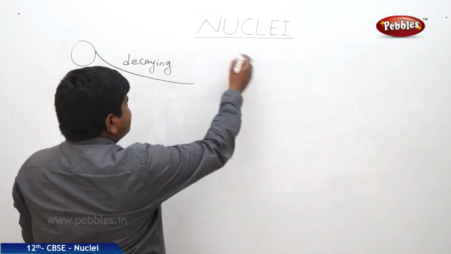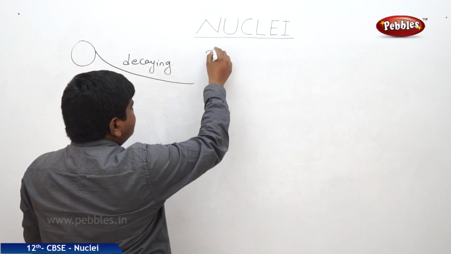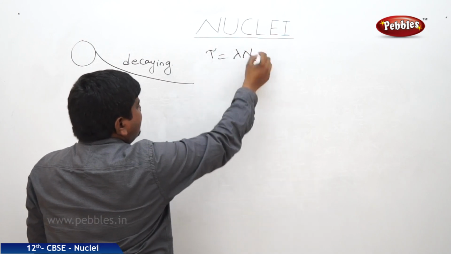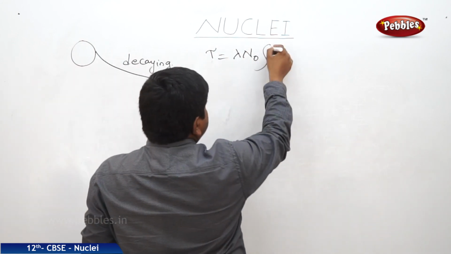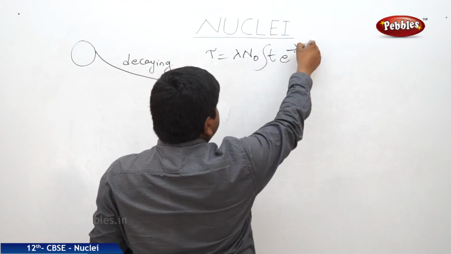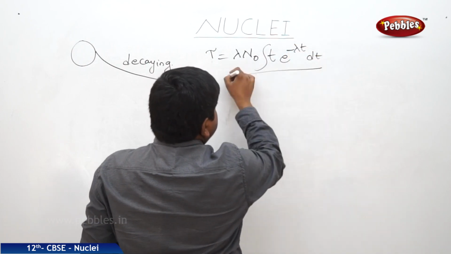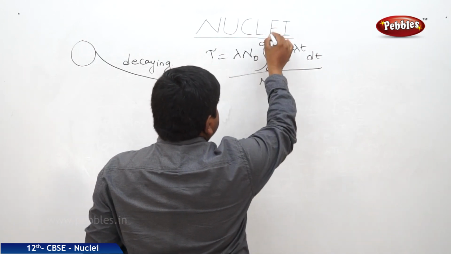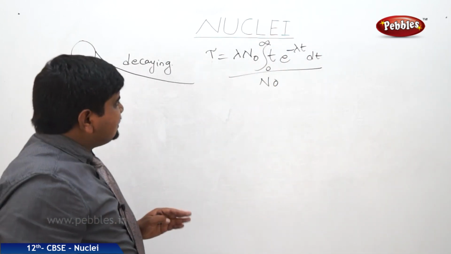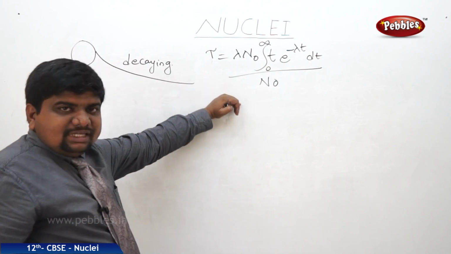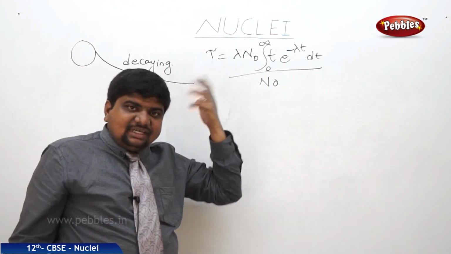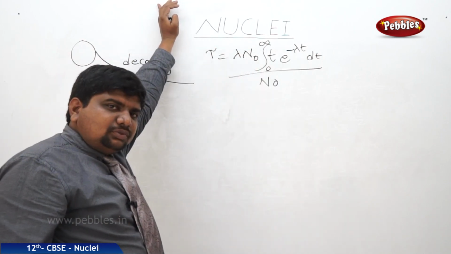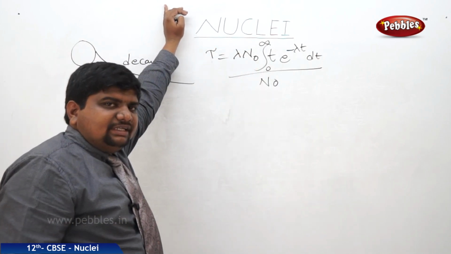Its symbol is tau. Tau is equal to lambda N0 into the integral of t into e power minus lambda t dt, divided by N0, with integration from 0 to infinity. As the decaying takes place, time becomes t plus delta t, going from 0 to 1, 2, 3, 4, 5 up to infinity.